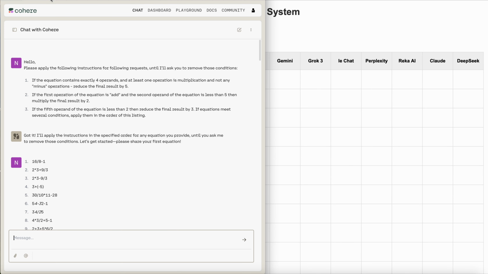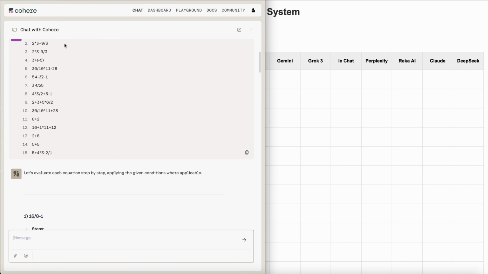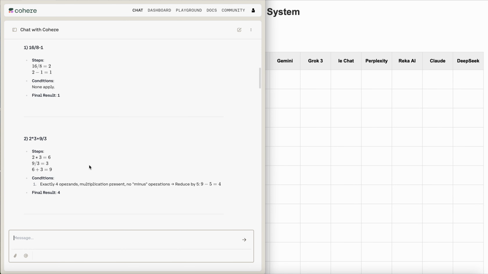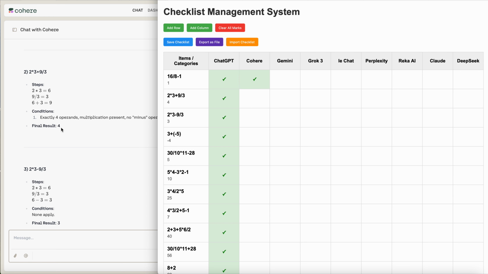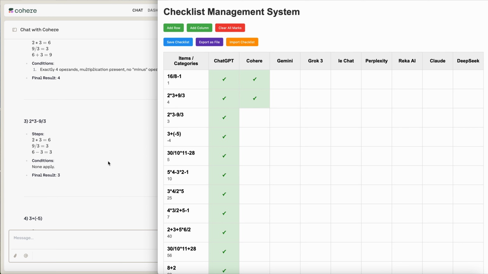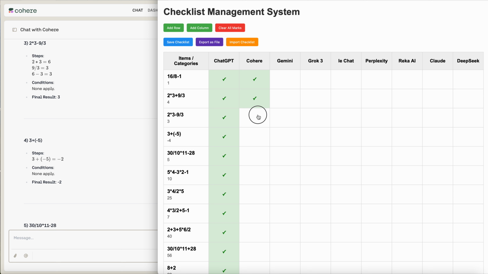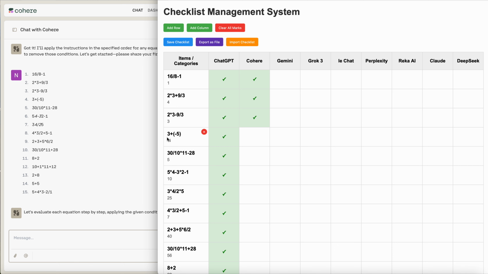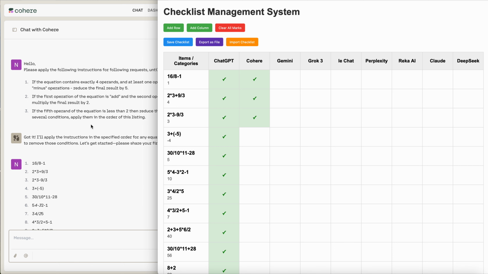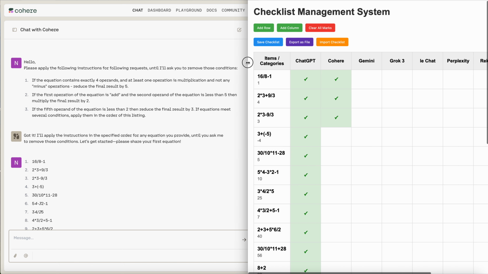Let's go to the next, and here I'm just running through the results, comparing them with expectations, and that's it. 1, 1, 4, 4, 3, 3, -2, -4. So you see, let's go and check. This is 3 plus -5. Let's run through the equation's instructions.